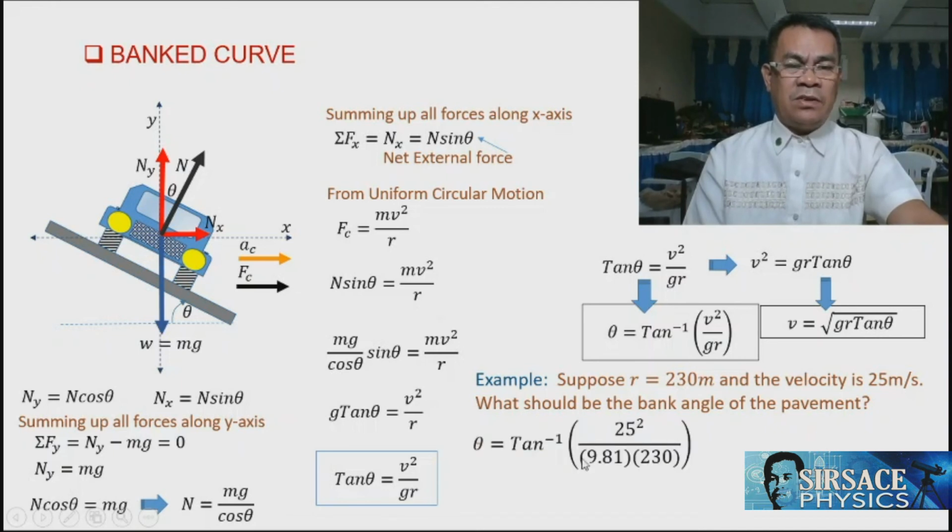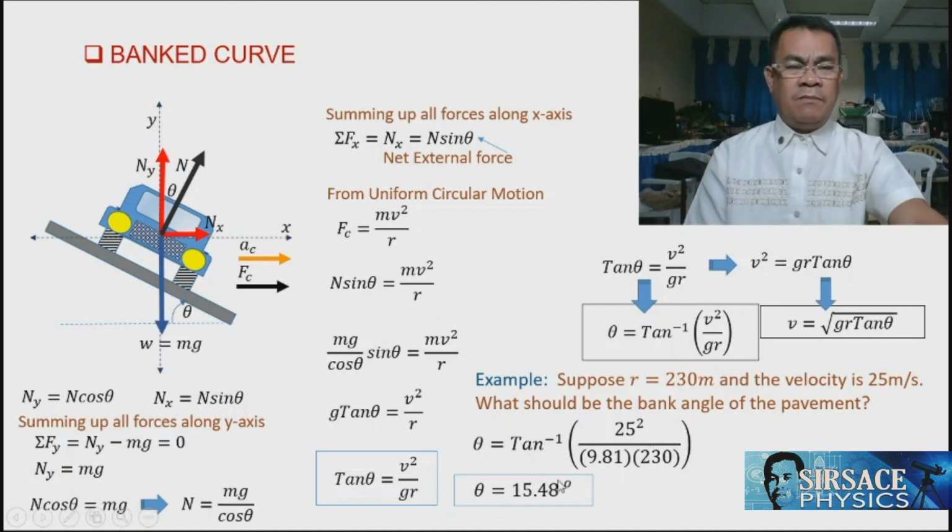So then, all you need to do is to use this formula. Substitute the velocity, this is 25. Square it. Divide by g. Divide by 230. Then take the inverse tan. And the answer is 15.48 degrees. Okay.